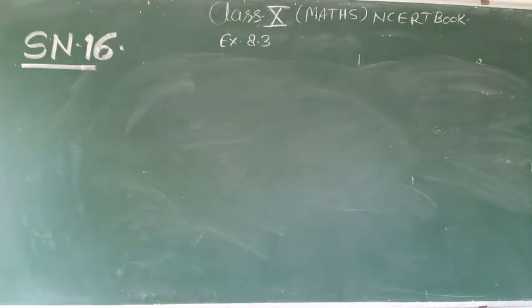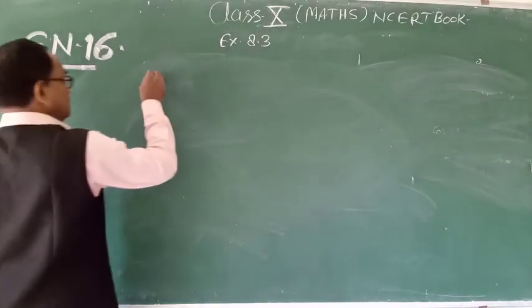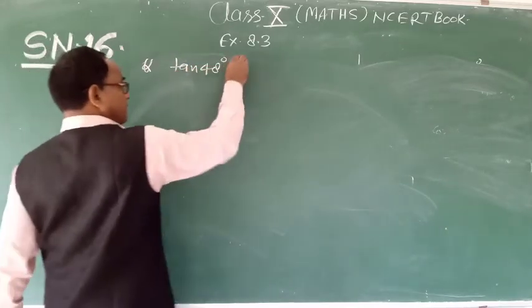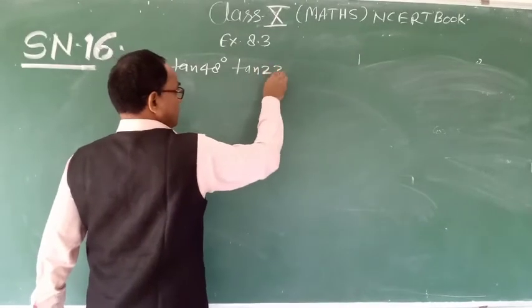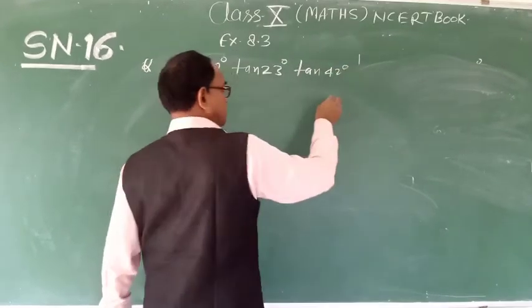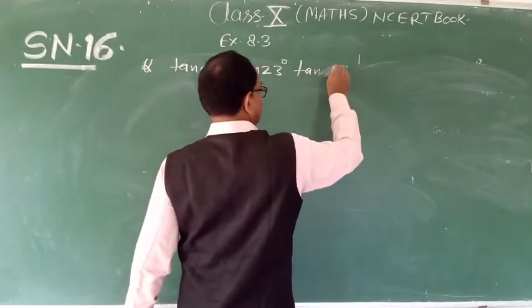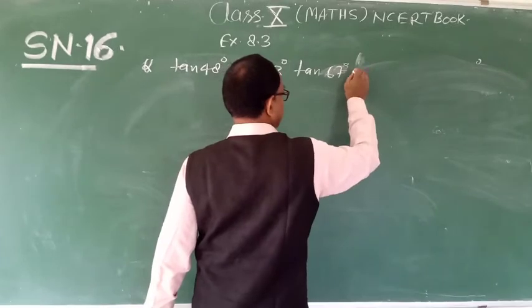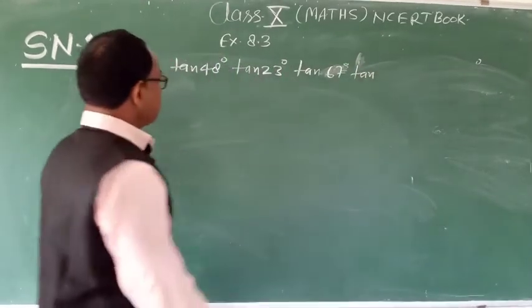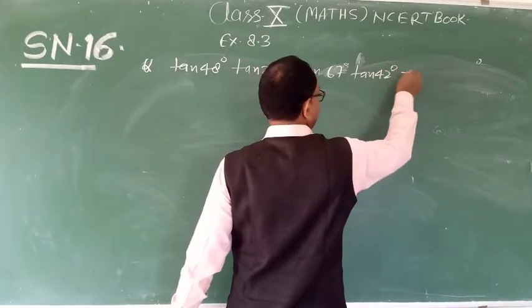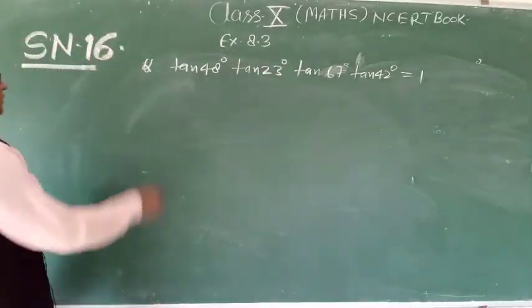We can write tan 48 degree, tan 23 degree, tan 42 degree, tan 67 degree, divided by tan 42 degree, tan 67 degree, tan 48 degree, tan 23 degree is equal to 1. Solve.